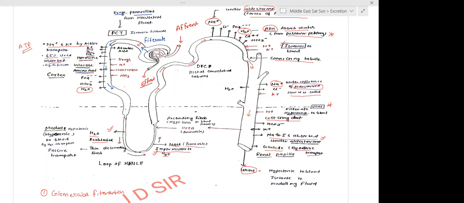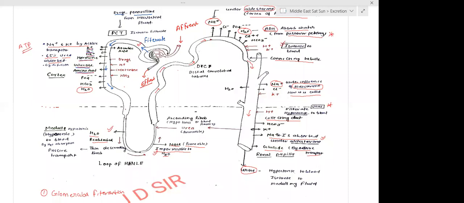Full stop. Underline the sentence which I'm going to dictate next. At the collecting duct, we can use the term urine for filtrate.